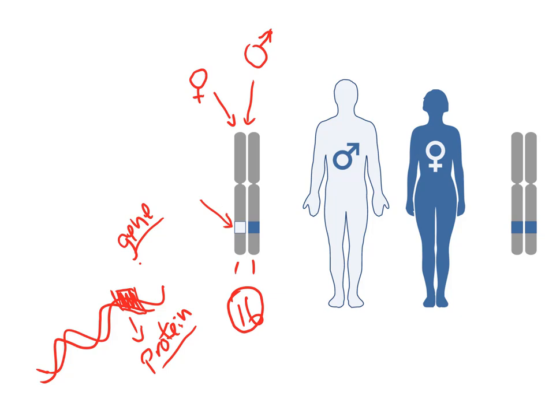And of course, if we're talking about chromosome 16 right here, we know that on chromosome 16, there are many parts of these chromosomes where we find very important genes. And when we look at some of those genes right here, we know that there are two copies of those genes.